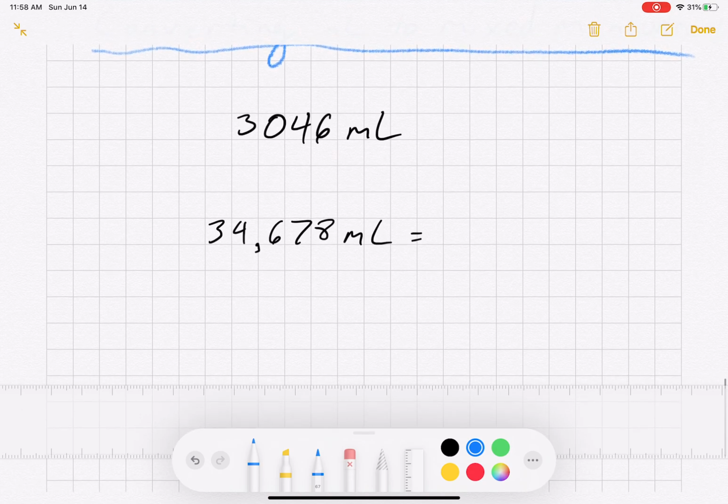Here, you would divide by 1,000. So you would take this decimal point and move it back 3 places. And so I would have 3 liters and 46 milliliters.